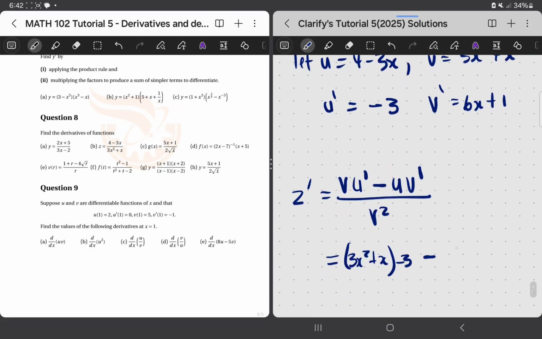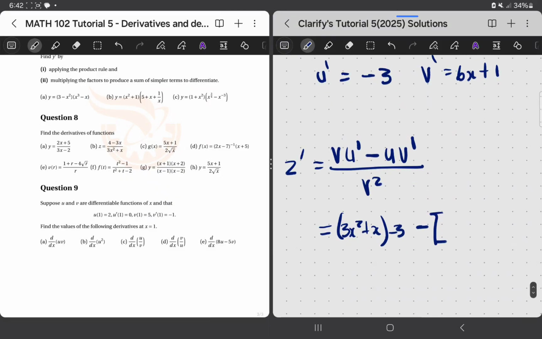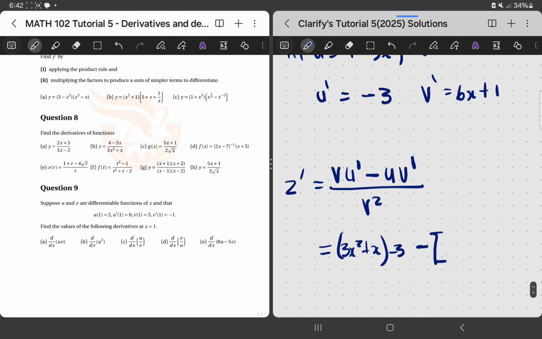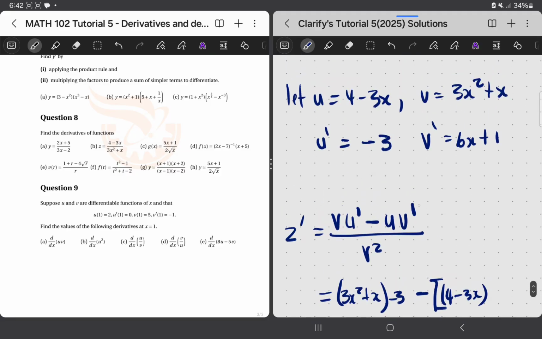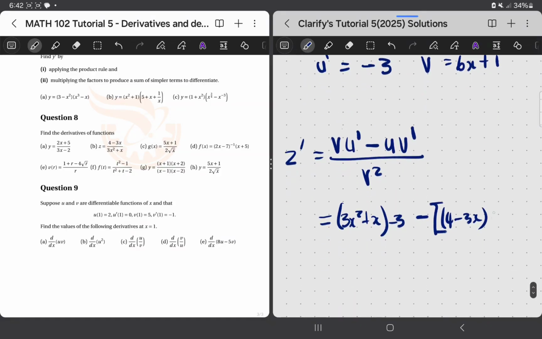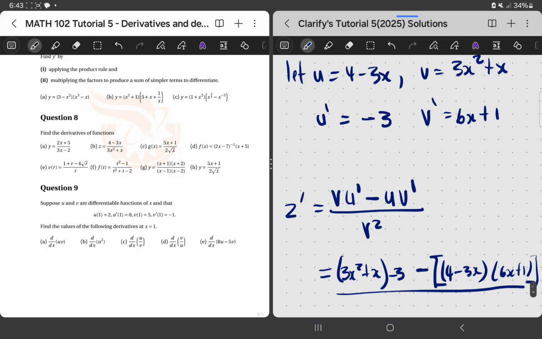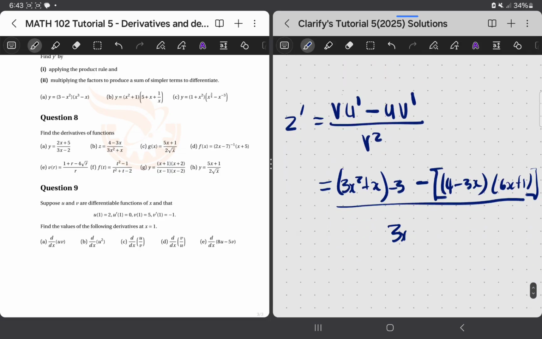Then minus, we put a big bracket, high, which is U, 4 minus 3x, in brackets, multiplying V prime, the derivative of the bottom, which is 6x plus 1. All over square the bottom: we take V itself and square it, 3x squared plus x, all squared, like this.